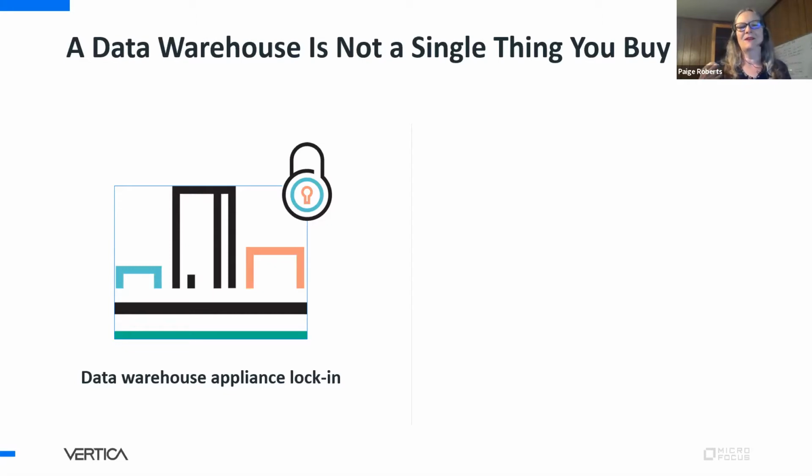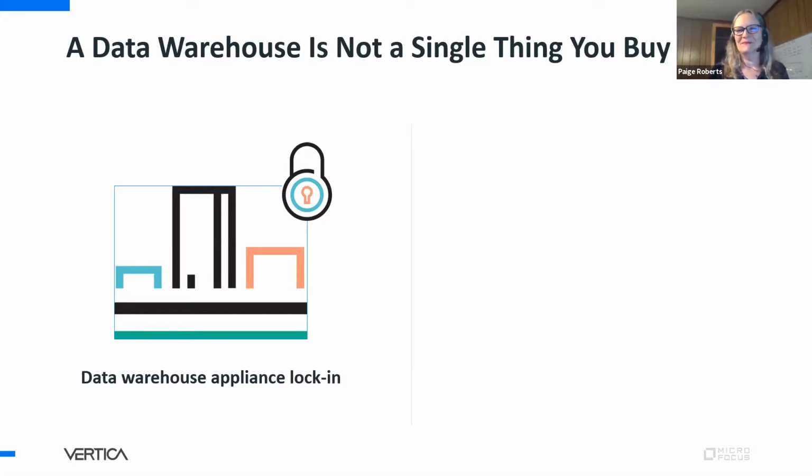And a lot of the vendors sort of jumped on that concept and used it to pull a fast one on a lot of people. So they had this concept of, look, here's an appliance. It has your data warehouse on it, and it's a piece of hardware, and you buy it, and now you have a data warehouse.